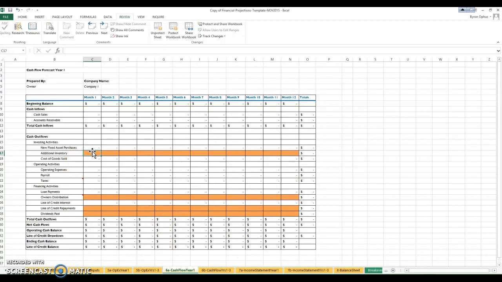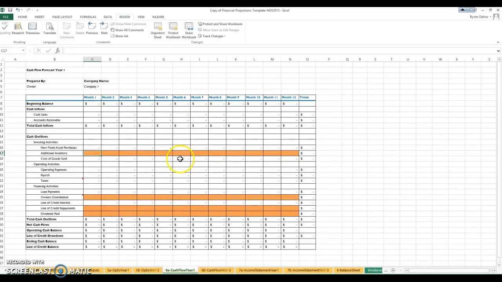But additional inventory, for the vast majority of you, you'll have no entries there. Okay, if you're running a retail place, coffee shop, something like that, might you want to bump up your inventory? If you're projecting increased sales, yeah, sure. Would it be every month?